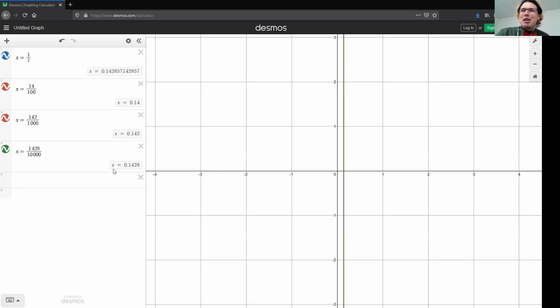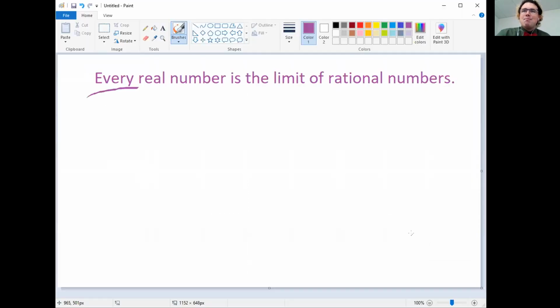Now, as I zoom in further, I can get better and better approximations, and one way I can do that is with the decimal expansion. But what this means for us, now that we have this tool of limits, yes, I'm going to be using limits again for this section, is that every single real number is the limit of rational numbers.